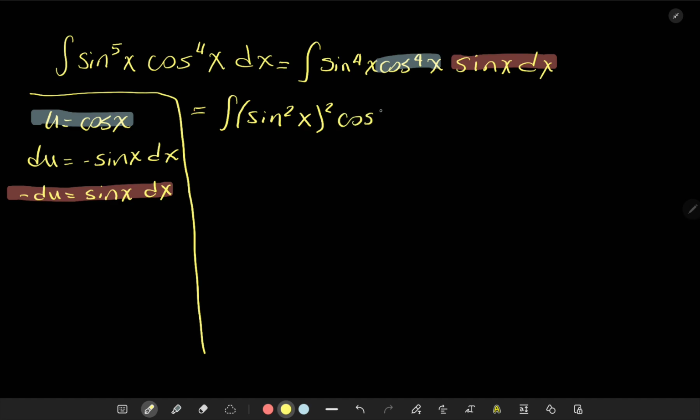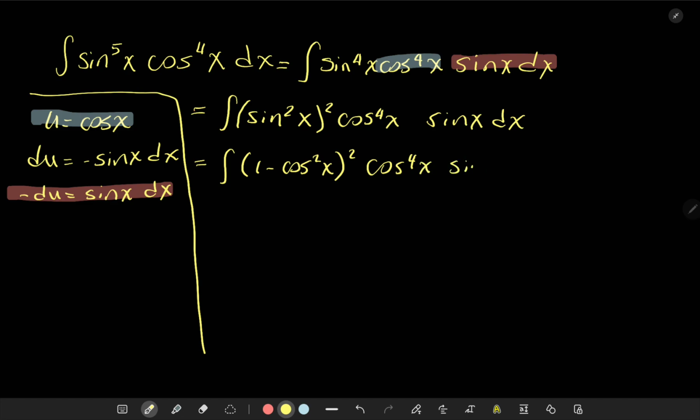That's just going to be a u to the fourth. And sine x dx will be a negative du. So I'm going to go ahead and rewrite this one as 1 minus cosine squared of x, the whole thing squared, and then cosine to the fourth, and then sine.